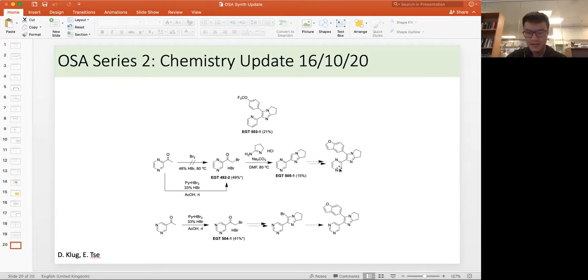So this compound with the pyrazine, I did the Suzuki of that yesterday. I just need to purify that. The pyrimidine, I've made the brominated core, so I need to do the Suzuki on that.